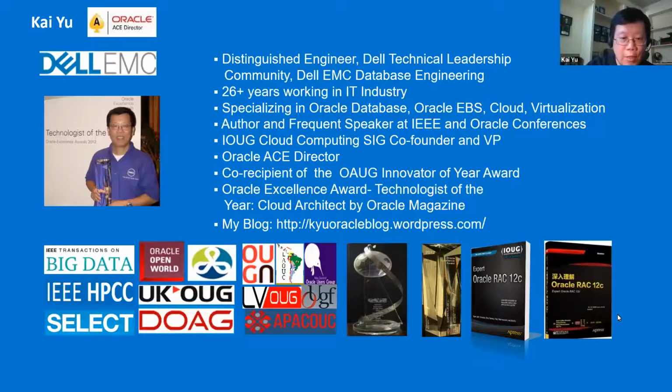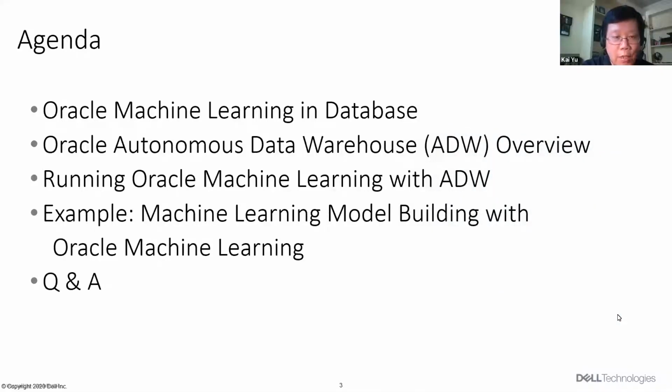Without going further, let me just jump into the topic. Today, in 45 minutes, we have a lot of things to cover, but I'll try to touch several related topics. One is Oracle Machine Learning inside the database: how and why we do machine learning inside the Oracle database, and what technology is available in this area.